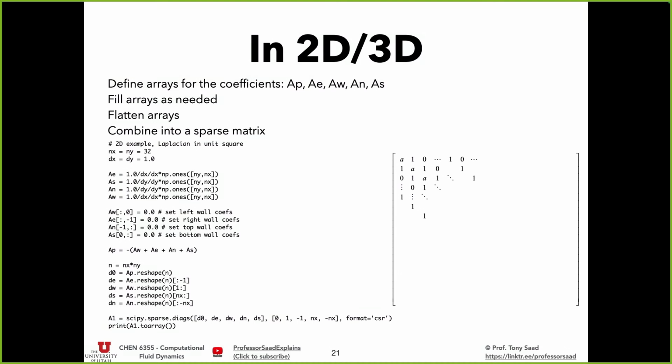So what can I do to convert AP to a 1D array? I use a feature in NumPy called reshape. So I'm going to take that AP array, of size ny, nx, and reshape it into a one-dimensional array of the same size, but one-dimensional.